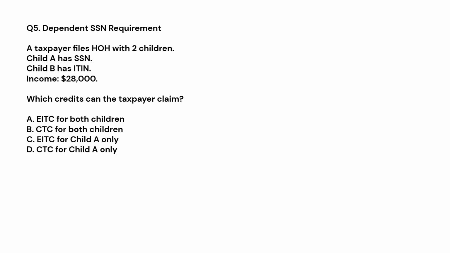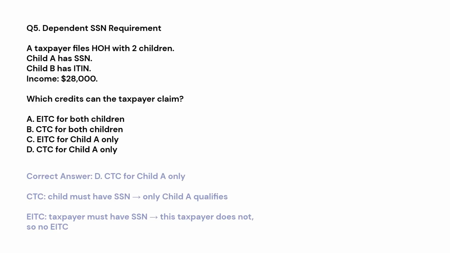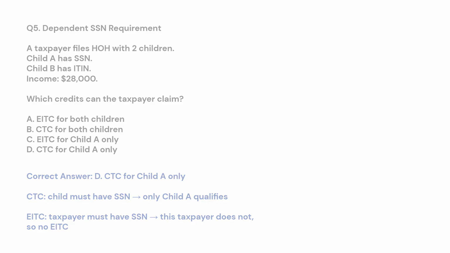Option C, EITC for child A only. Option D, CTC for child A only. Correct answer is option D, CTC for child A only. CTC, child must have SSN, only child A qualifies. EITC, taxpayer must have SSN, this taxpayer does not, so no EITC.